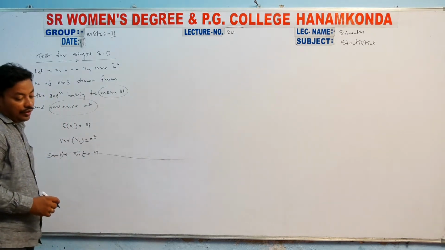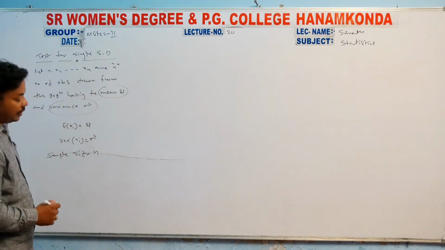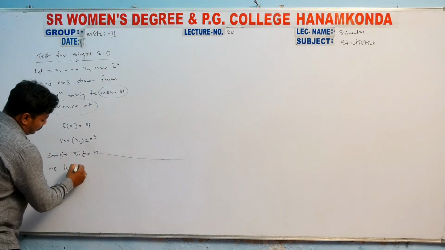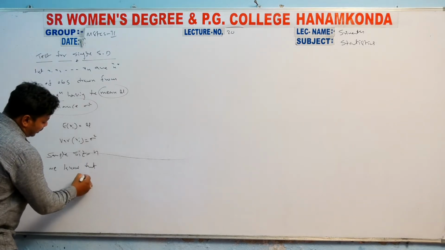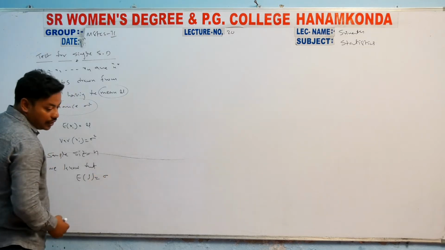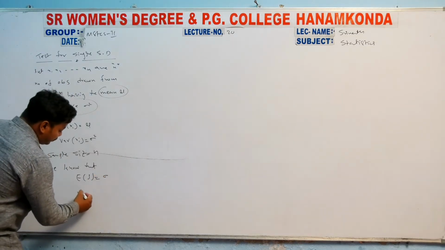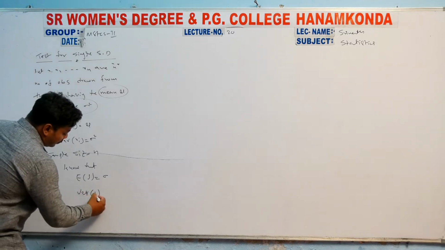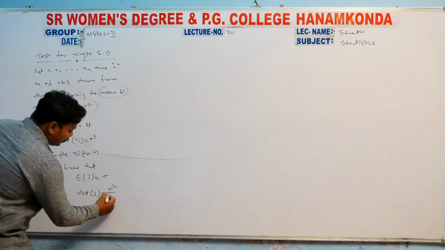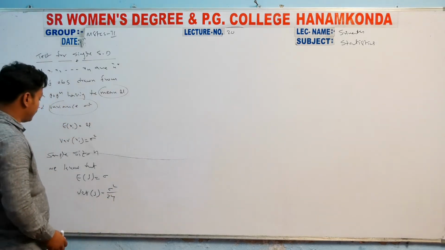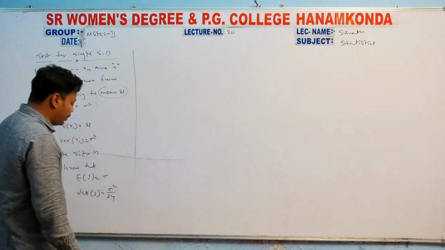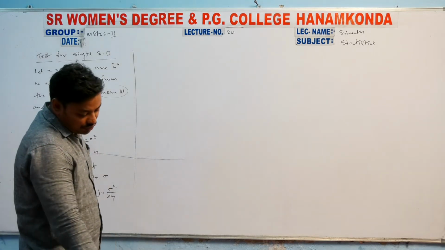We know that expectation of S is equal to sigma, and variance of S is equal to sigma square by 2n, from the sampling variance distribution.